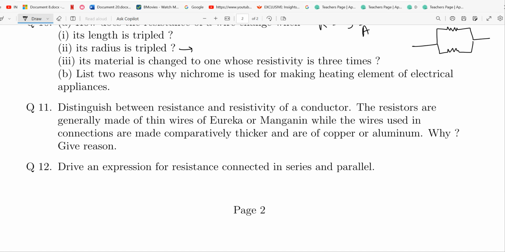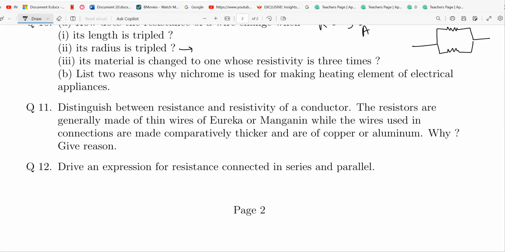The SI unit of resistance is ohm, and resistivity is ohm meter. Have you noted that resistivity is the resistance offered by a conductor per unit length and per unit cross section area? No, sir, I just wrote it is dependent upon length and area of conductor.